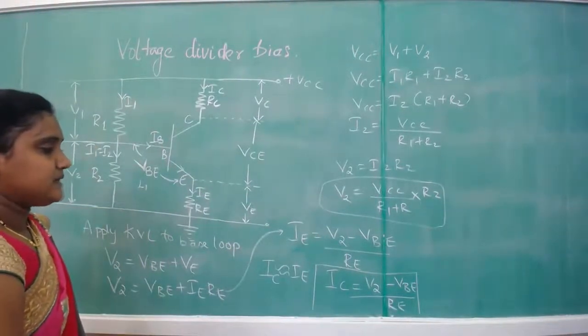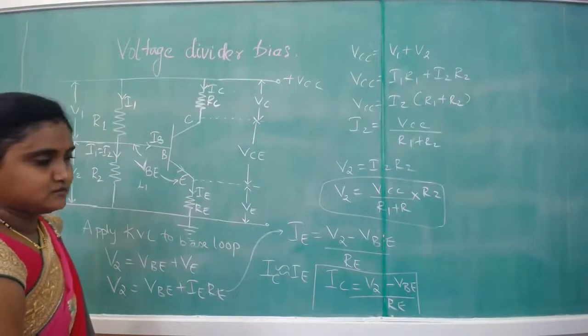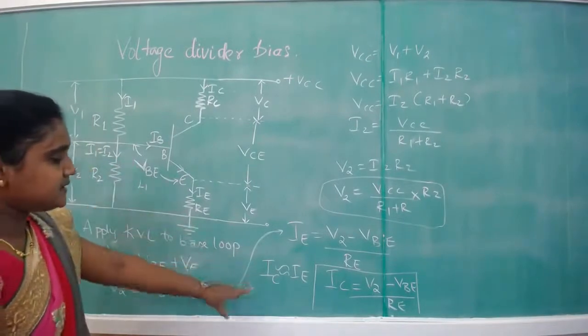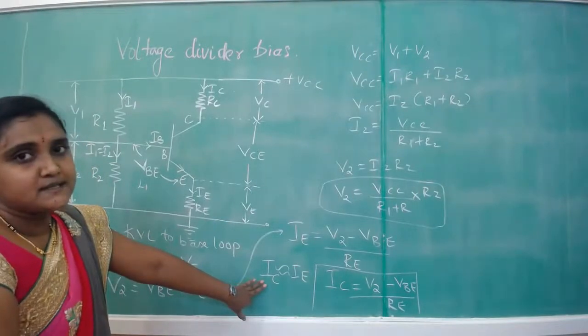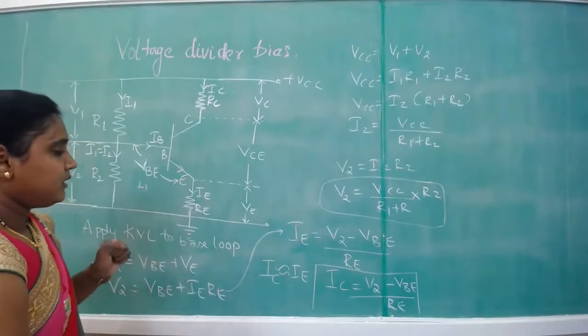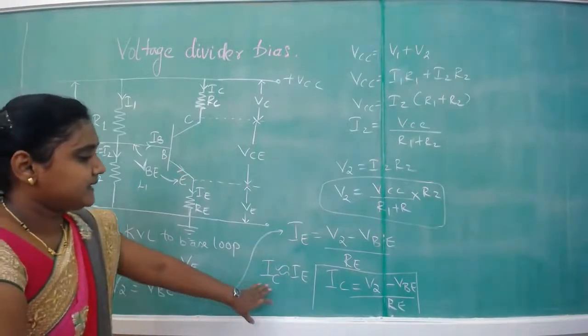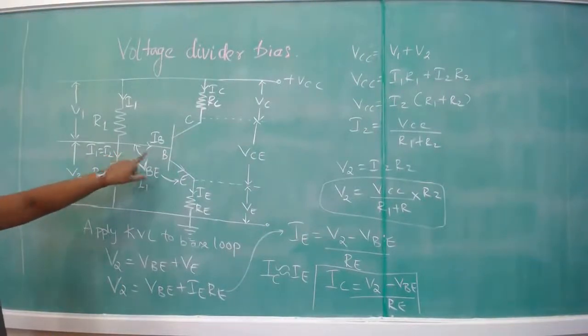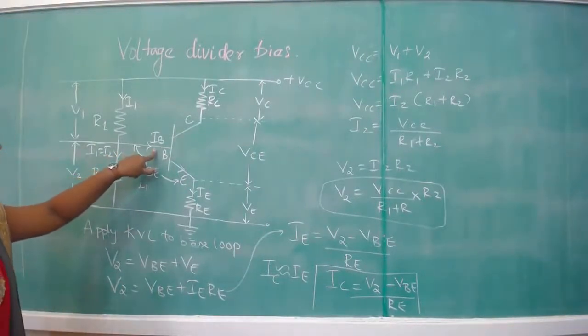Okay, the expression for IC is for the base part. This is from the expression IE is equal to IB plus IC, because IB is a very small quantity of current. That's why we can directly write IC is equal to IE. Here also I forgot to mention that point, that IB is very small amount of current.